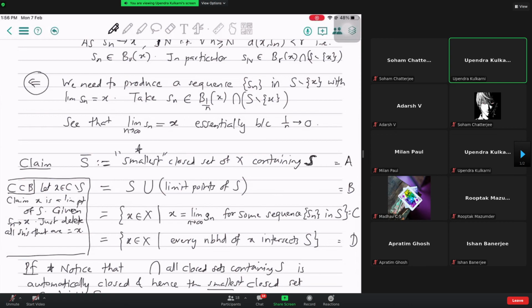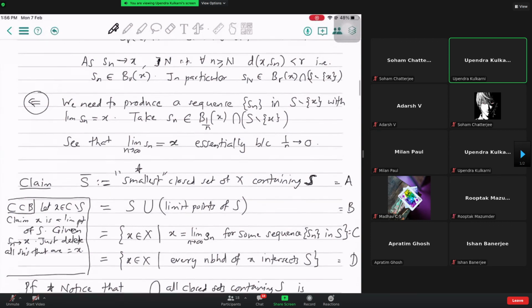Sorry, I'm confused myself now. I thought this proves it, but is there a problem? Yes, if the limit is X, then since X is an element of S, the limit will also be an element of S. The only thing is, why is X an element of S? Because we took the limit of Sn to be X. So if the tail of the sequence is just X... Oh, sorry.